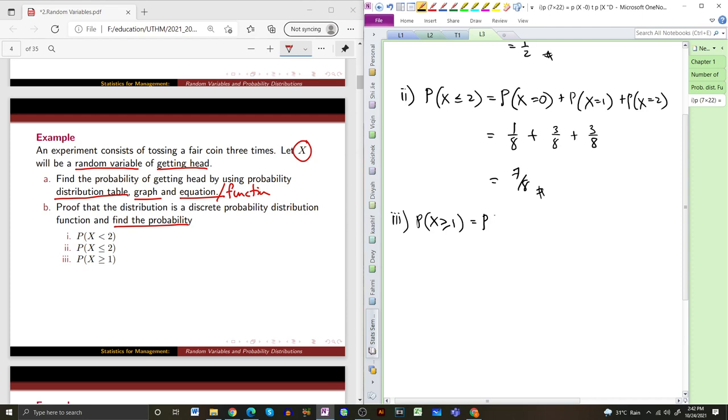For this one, x equal to 1 would be 3 over 8, x equal to 2 is 3 over 8 and plus 1 over 8. Again this is 7 over 8.